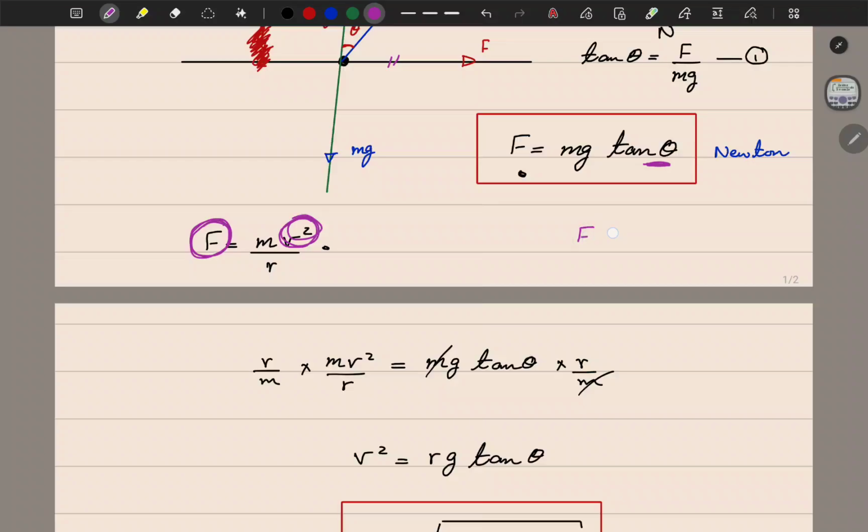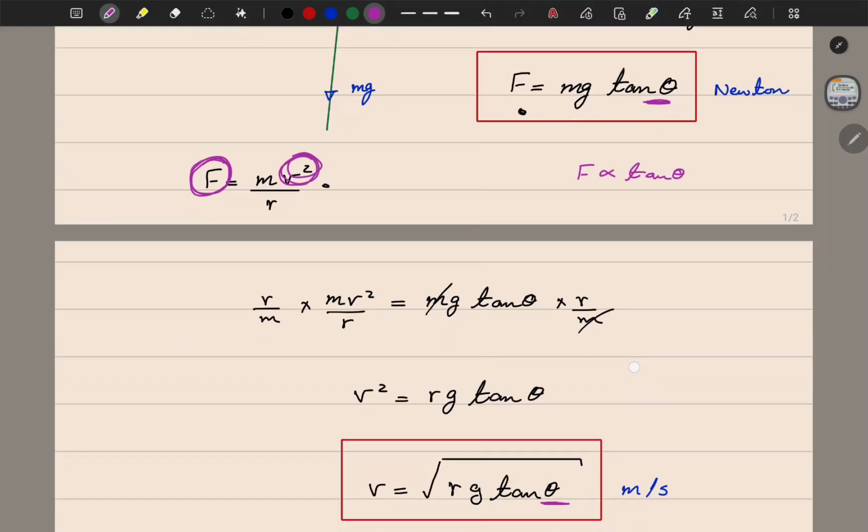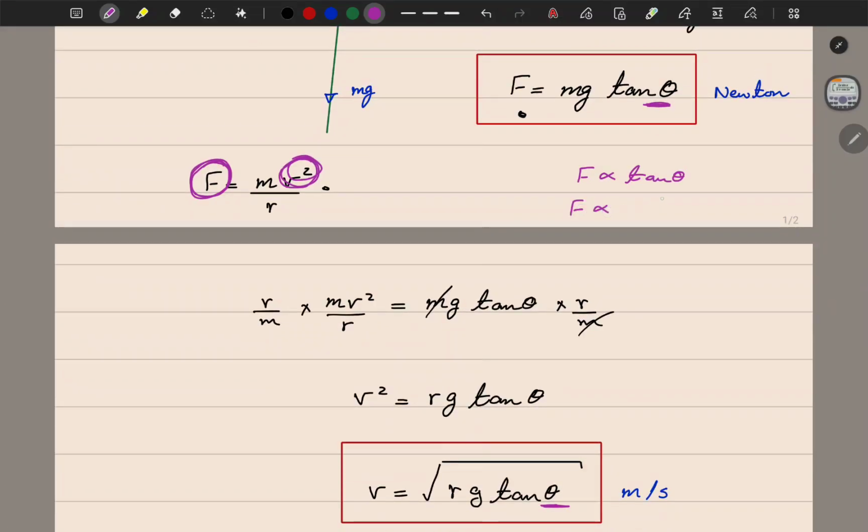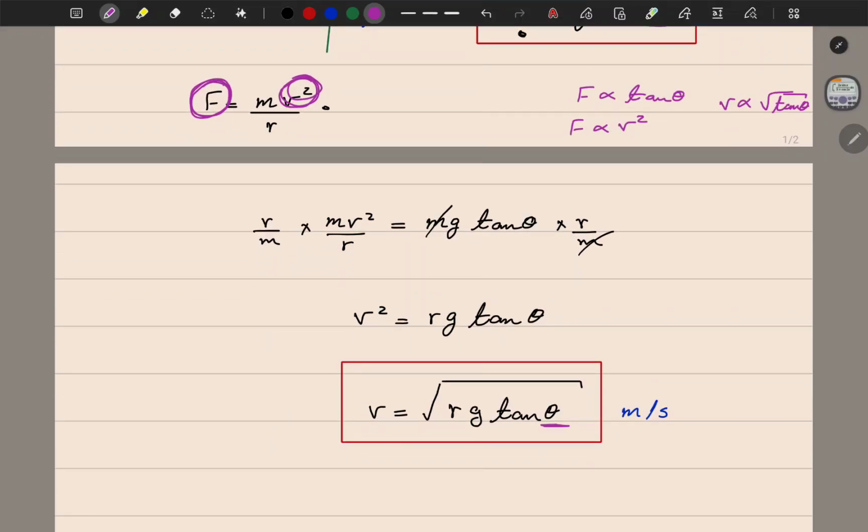F here is proportional to tan theta, and F is proportional to the velocity squared, and the velocity is proportional to the square root of tan theta. So they are all proportional, which means that for higher velocities, we're going to have higher centripetal forces, so we are going to need more banking in order to maintain a circular path.